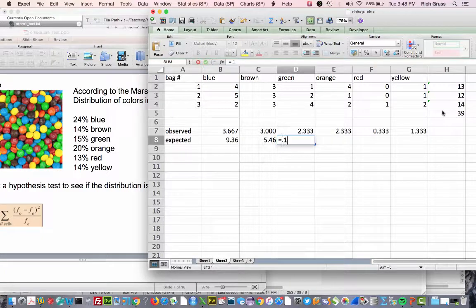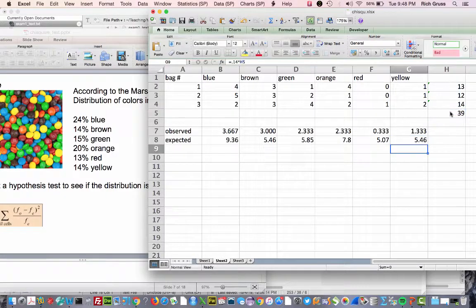This 15% would be green, 0.15 times the total. 0.2 times the total. 13% red, so 0.13 times that. And yellow is 0.14 times that. Okay, so then we have our expected values.